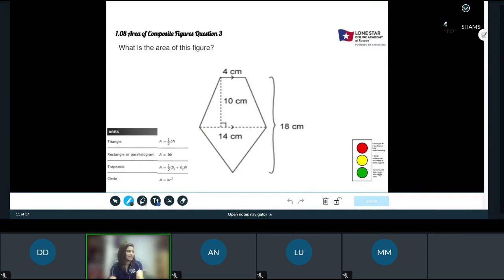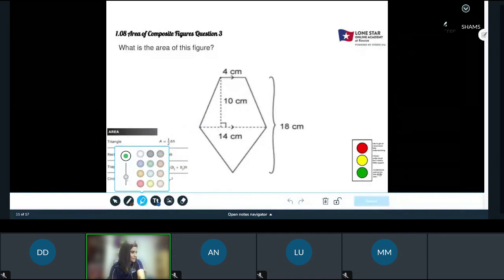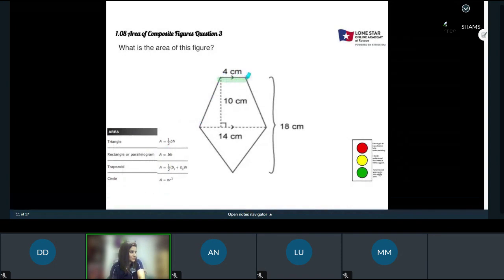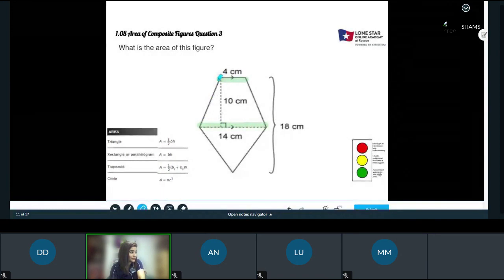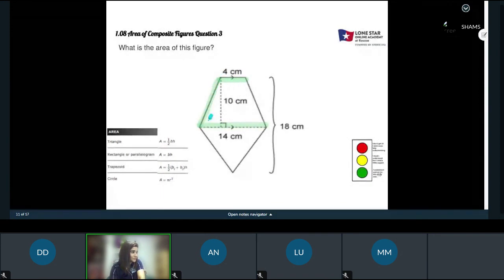What shapes do you guys see in this composite figure? I'm going to highlight the first one that I see. It's got 2 parallel sides and then 2 non-parallel sides. Very good, Andre. At the bottom, we also see a triangle.